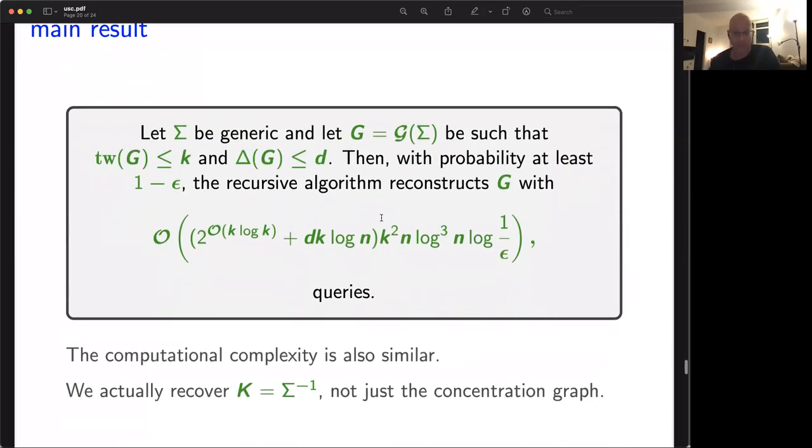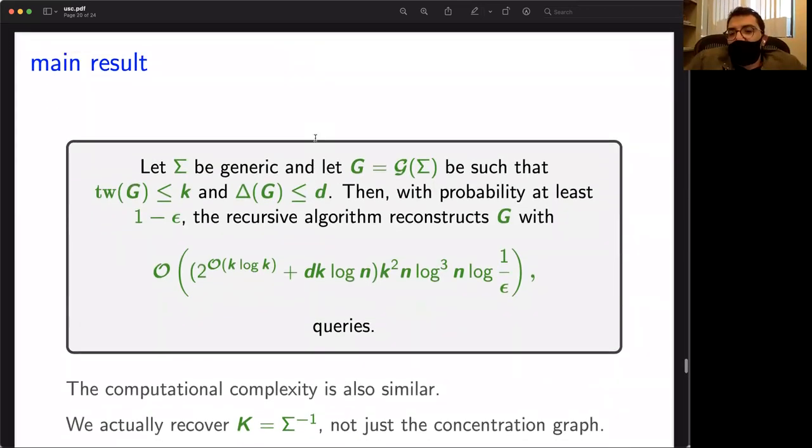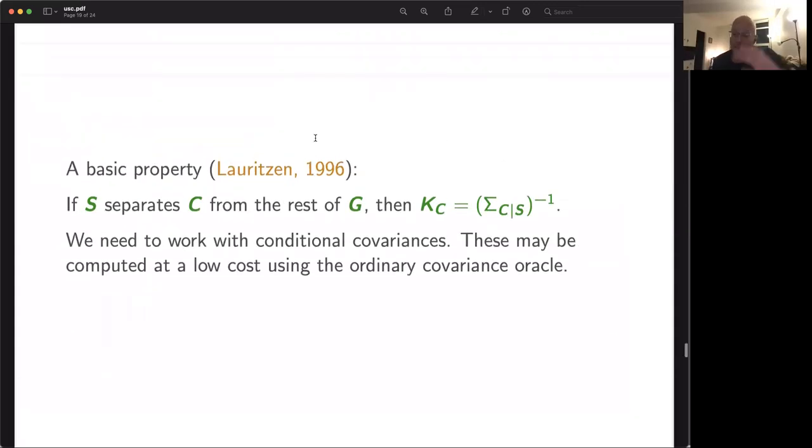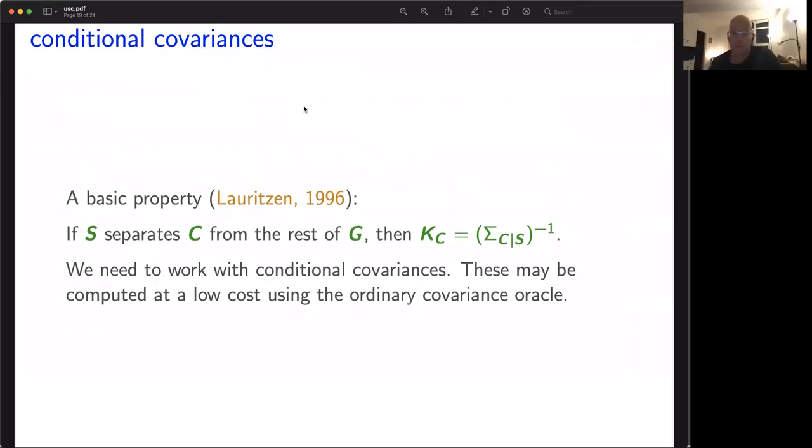So, summarizing. But this is for Gaussian, right? So the motivation was Gaussian. No, I understand, but this last property with the conditional precision matrix. No, this is just a property of positive definite matrices. Of course, a Gaussian is determined by its covariance matrix, so every property the Gaussian has is just a property of covariance matrices.